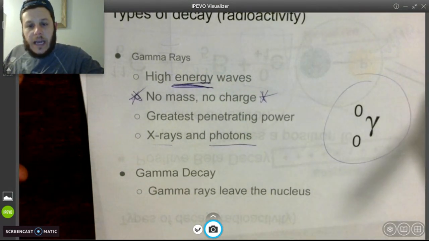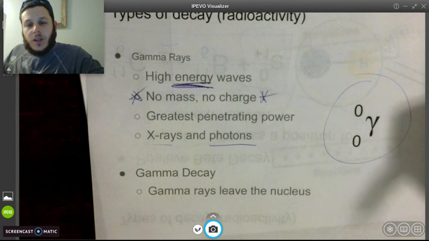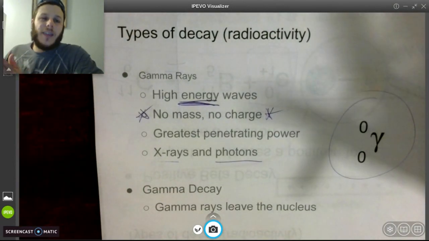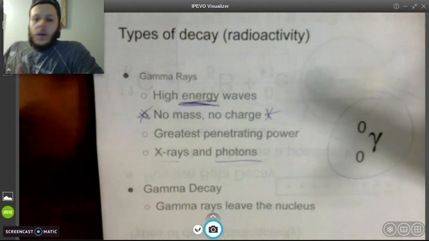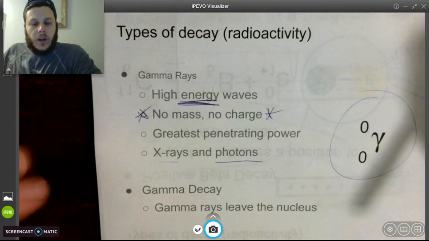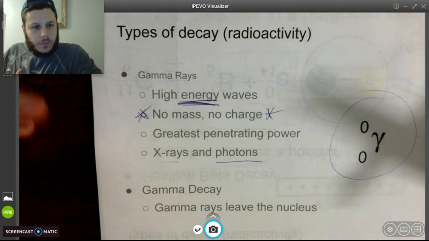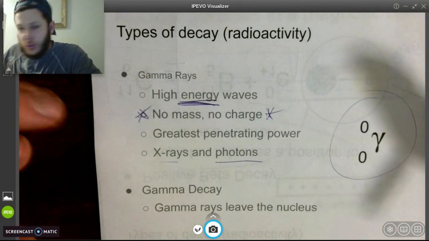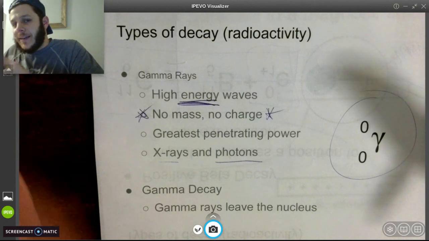So, I'm going to ask this question to any of you comic nerds. Kind of gave you a little bit of a hint there. Where are gamma rays significant? What superhero is known for using or being used by gamma rays?